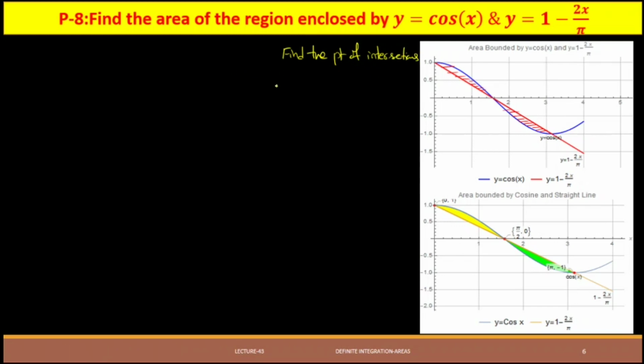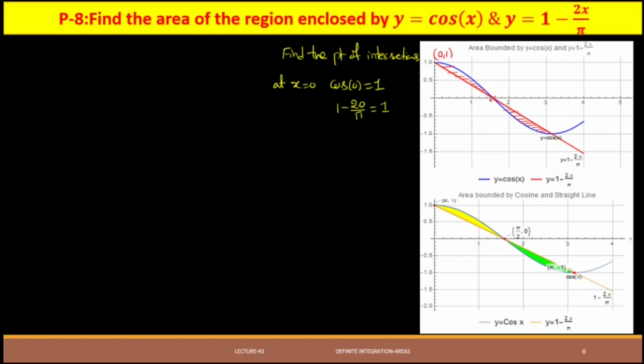You can see that at x is equal to 0, cos 0 becomes 1, and 1 minus 2 into 0 by pi is also equal to 1. So both the curves intersect at 0 comma 1. So this is the first point of intersection, 0 comma 1.